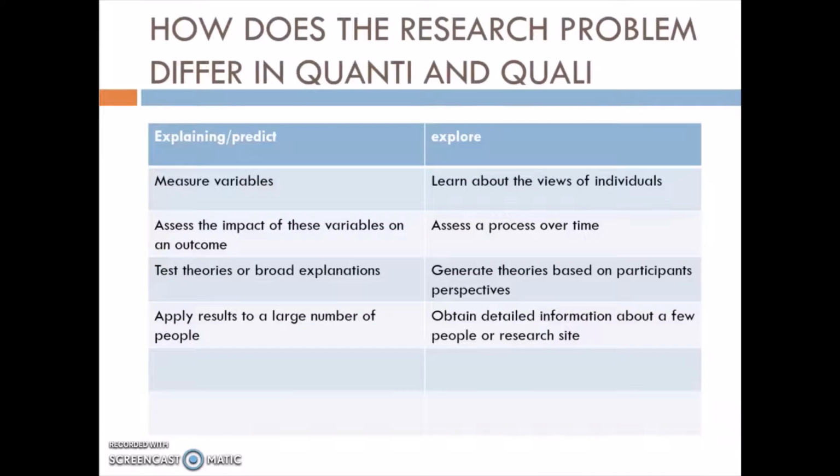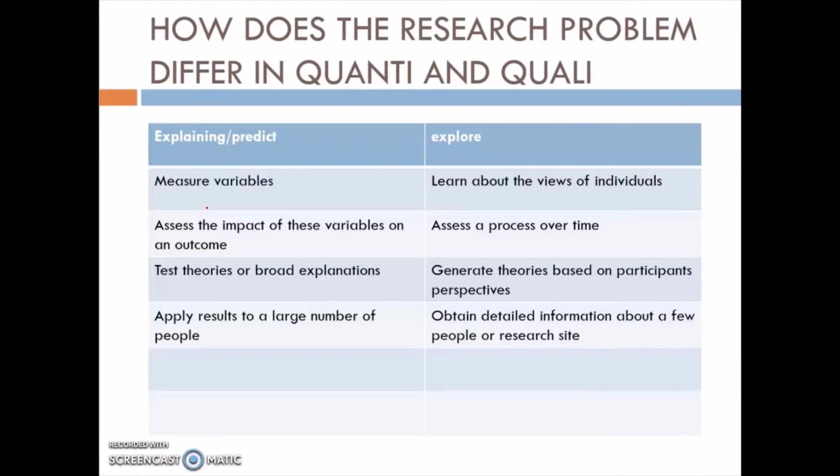Now let's move to the differences of the research problem for quanti and quali. Research problem in quantitative approaches, or in a quantitative study, must be measurable.